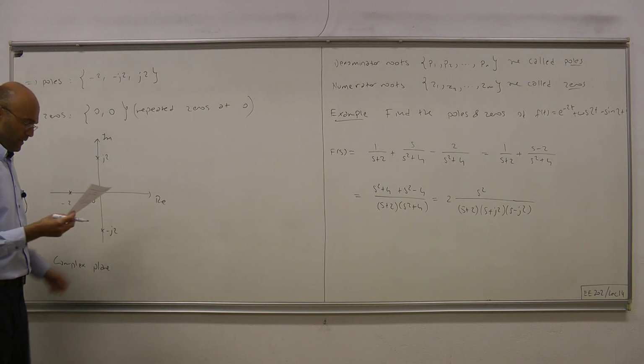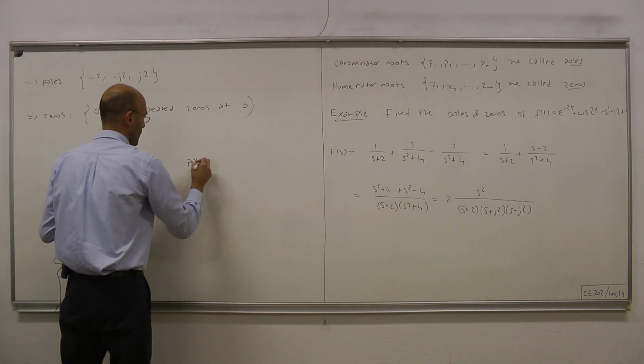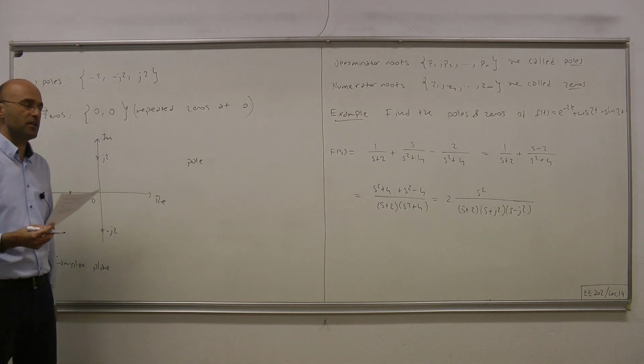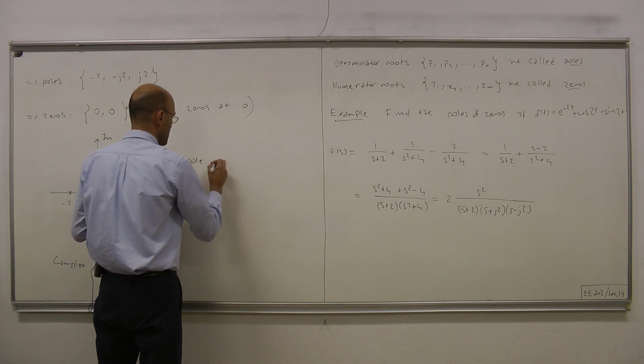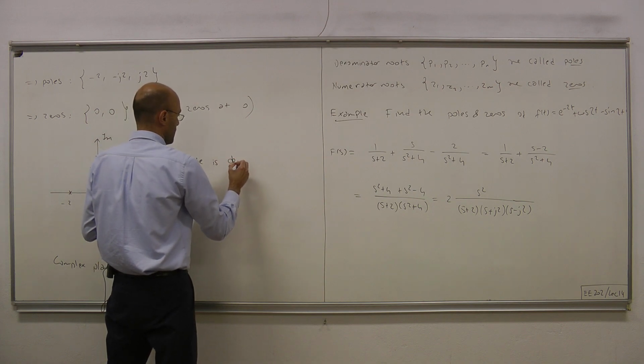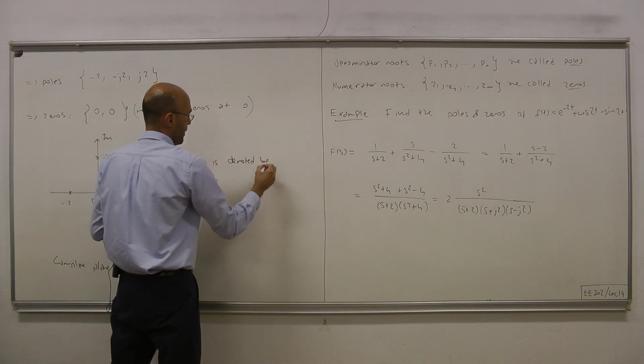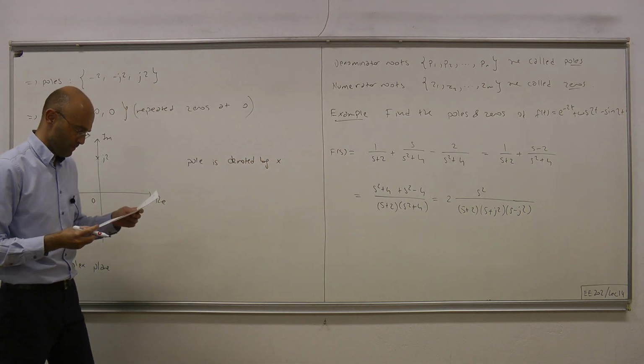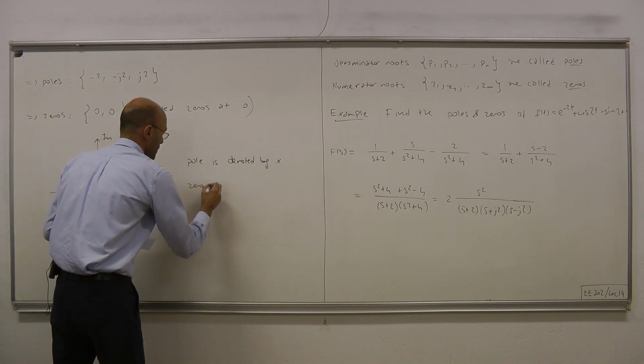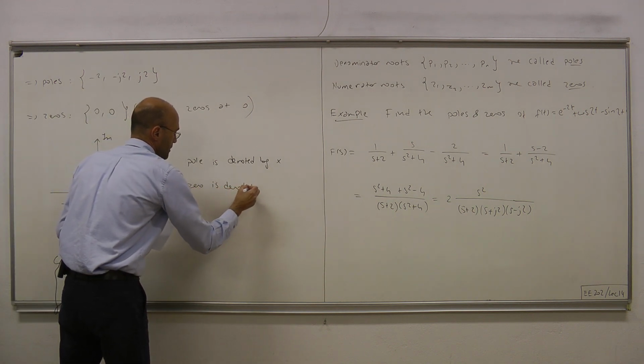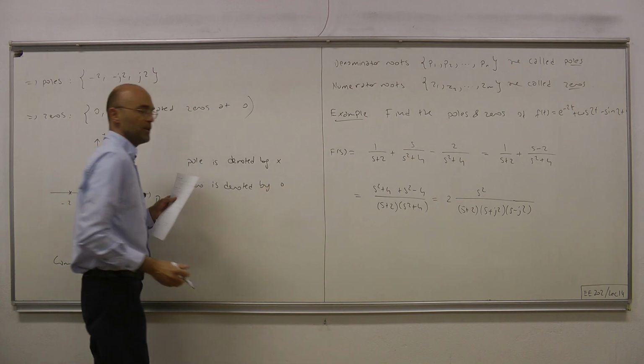So those are the poles. A pole in a pole zero diagram is represented by a cross. A pole is denoted by x, and a zero is denoted by a tiny circle.